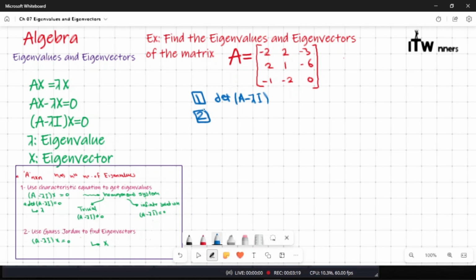The second step is to find the solution of the system A minus lambda I into vector x.